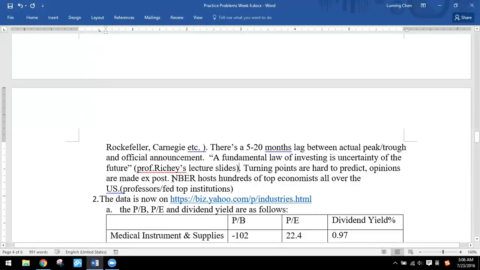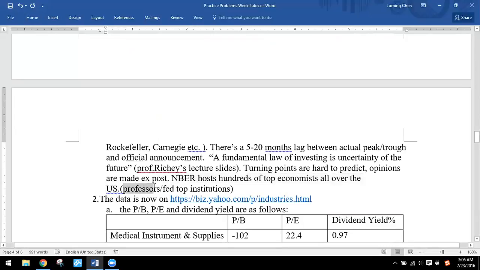Because even the NBER is seriously lagged in identifying the turning points, and the NBER hosts hundreds and hundreds of top economists from all over the US.